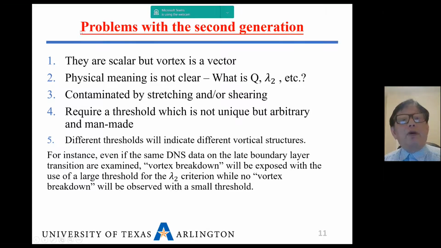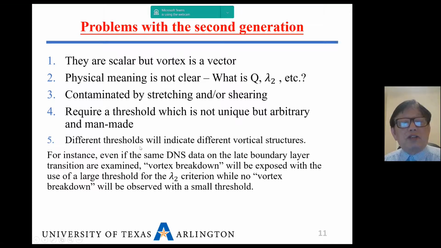Well, we have problems with the second generation. First, they are all scalars, but the vortex is a vector. Second, the physical meaning is not clear. What is Q? What is Lambda 2, etc.? Third, they are all contaminated to some degree by stretching or shearing. Fourth, they require a threshold. The threshold is not unique, but somewhat arbitrary and man-made.